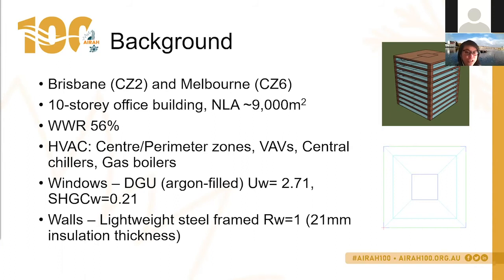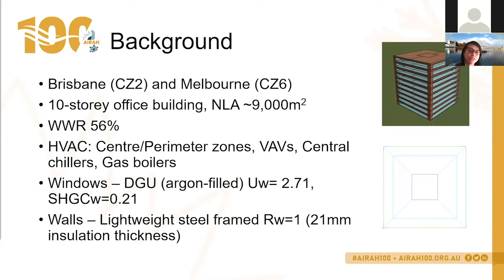Window wall ratio is about 56%. It's a standard lightweight steel frame construction. From a HVAC perspective, we have center and perimeter zone AHUs, air handling units. It's a VAV building. We've got centralized chillers, and then our boilers are condensing boilers, but gas fired.